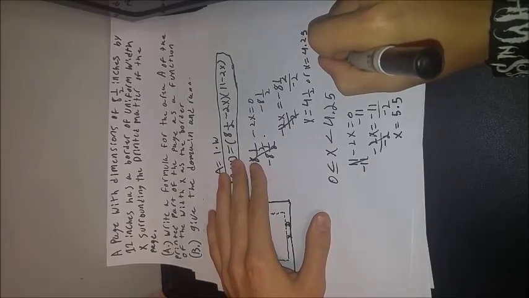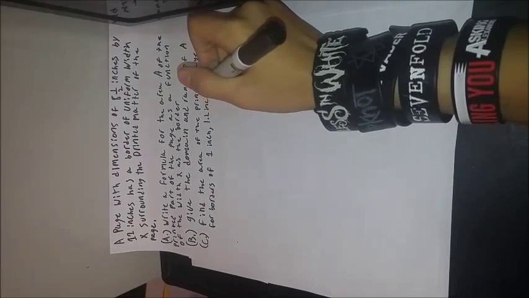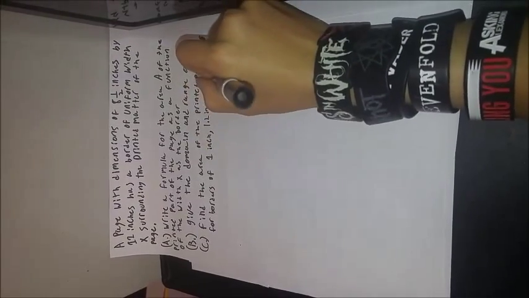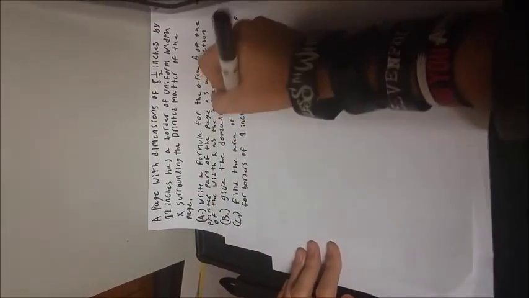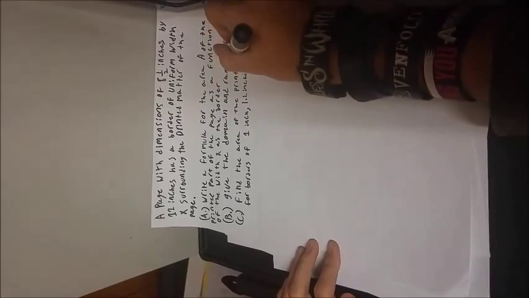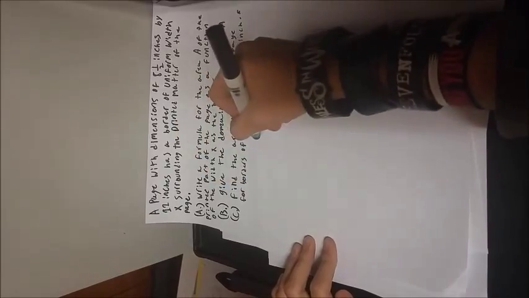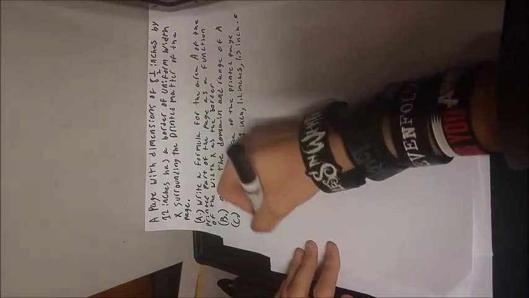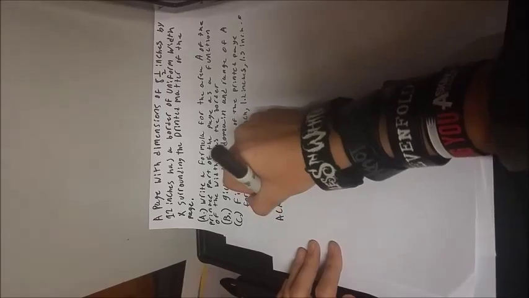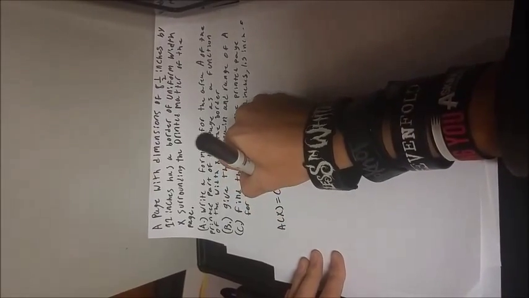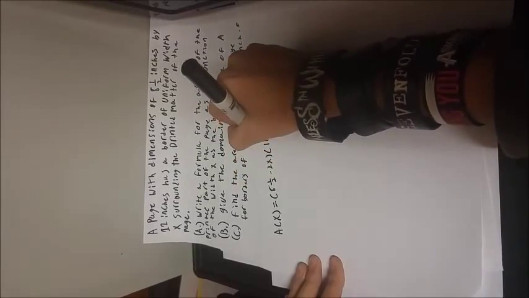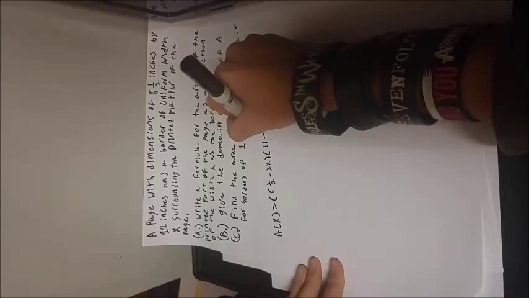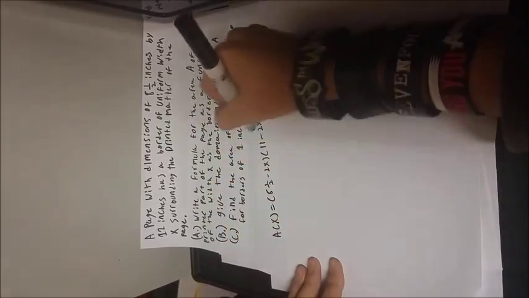And that's part B. Part C wants us to replace each x in the function that we got in part A. So let's define an area of 1 inch, 1.2 inches, and 1.5 inches. What that means is that we're going to take the function that we got from part A, which would be A of x equals 8.5 minus 2x times 11 minus 2x, and replace each x.